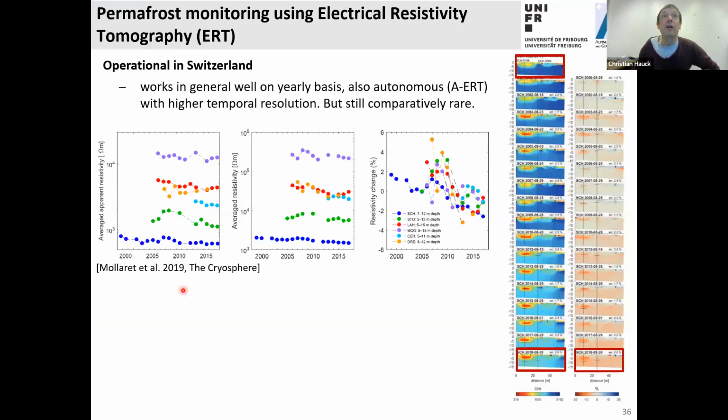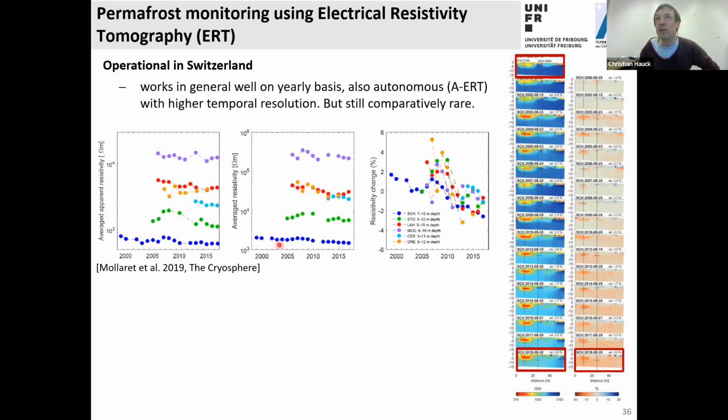Nevertheless, the results are quite encouraging. This is the operational data from Switzerland, from one of our PhD students. This is the mean data over time of different sites, different places in Switzerland. We see a decreasing resistivity, apparent resistivity, but also inverted resistivity here.